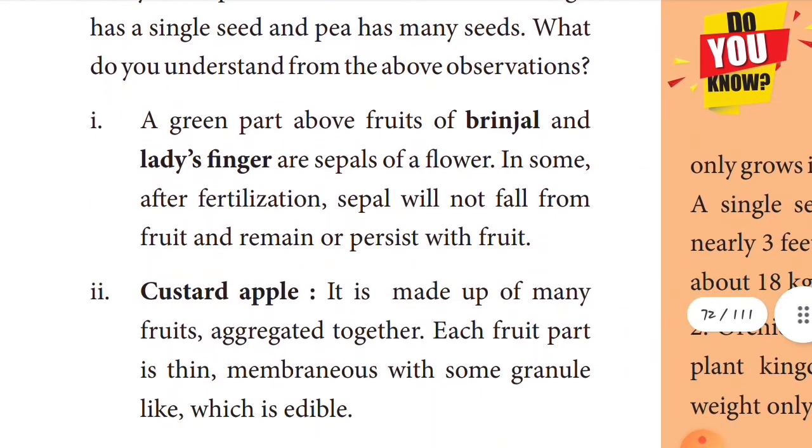See the first point: a green part above the fruits of brinjal and lady's finger. These are the sepals of a flower. In some, after fertilization, the sepals will not fall from the fruits and remain with the fruits.